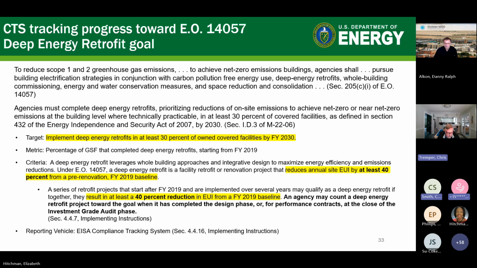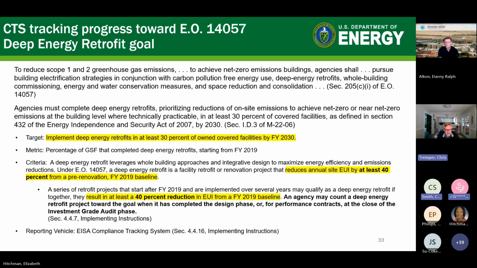According to the executive order, the compliance tracking system is the designated reporting vehicle for this goal. That's because agencies already have, under the legislation, a requirement to report on every project that you implemented in a covered facility, whether it's a performance contract, an ESPC or UESC, or direct funded projects.